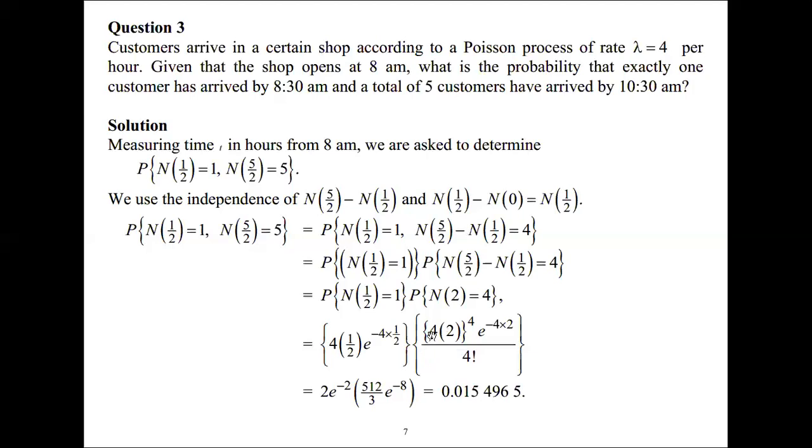So that's why this place is 4 times 2, which is 8, and this place is 4 times half, which is 2. So here we use 2 as our lambda, and here we use 8 as our lambda. Then you put them into the Poisson distribution and simplify, and that gives you this answer. Are you okay?